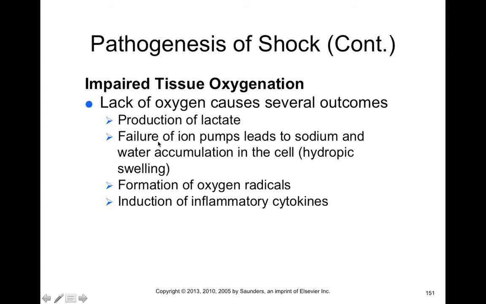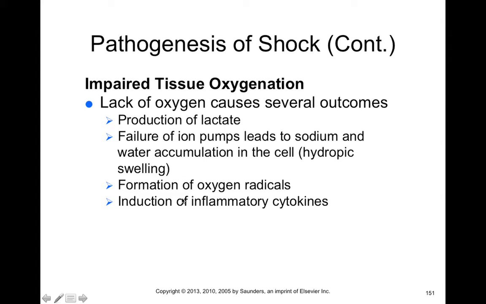Now, it can also lead to a failure of ion pumps, and we learned about this going back to reversible forms of cell injury, where if we can't make a sufficient amount of ATP due to low O2 levels, then sodium can't be effectively pumped out of the cell, which causes water accumulation due to osmosis and hydropic swelling. So you might see some swelling of tissues that can't effectively maintain their own ion pumps.